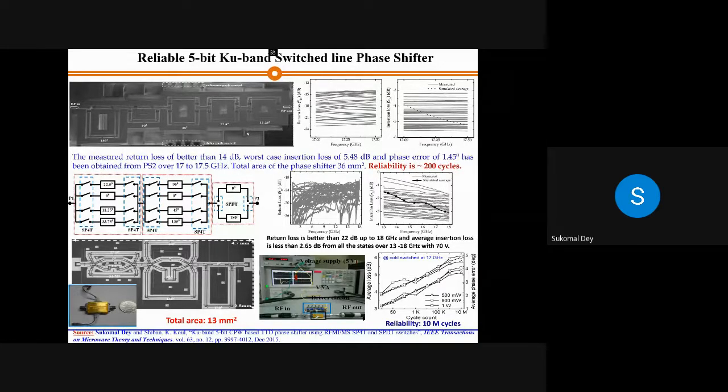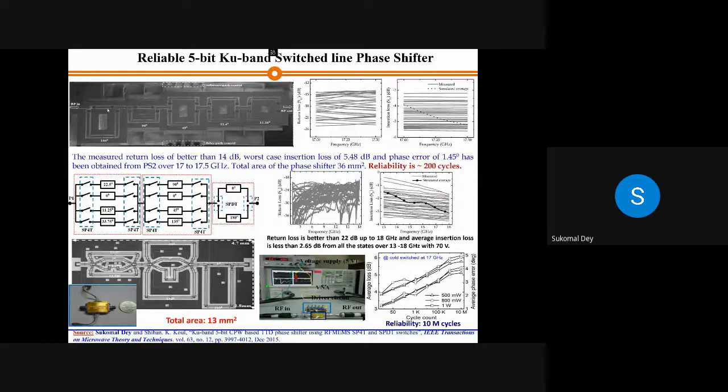So that brings the challenge to us: how to improve this performance. The first thing that we noted here, if I take the reference signal, is that in total there are 5 blocks. In every block, in the upper half we have one SPDT switch, and in the lower half one SPDT switch.